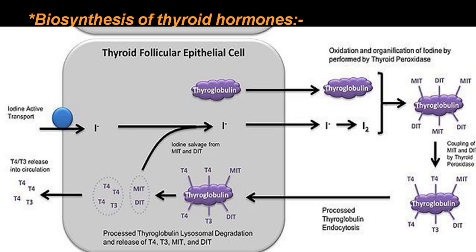Only 0.1% is free, which we call the active form, and that is converted into T3. Before action of T4, it has to be converted into T3. T3 is also bound to globulin, prealbumin, and albumin.